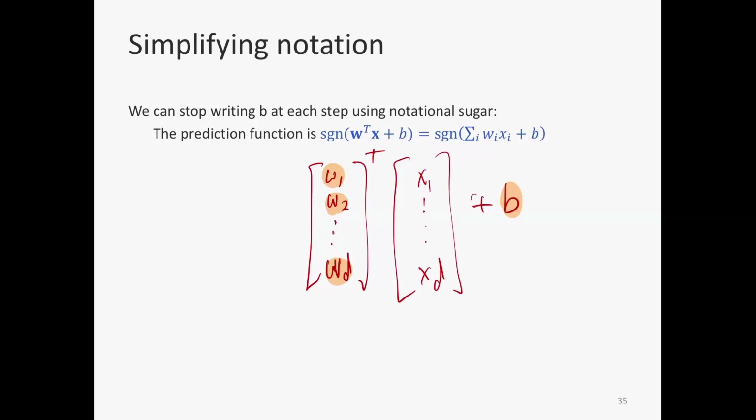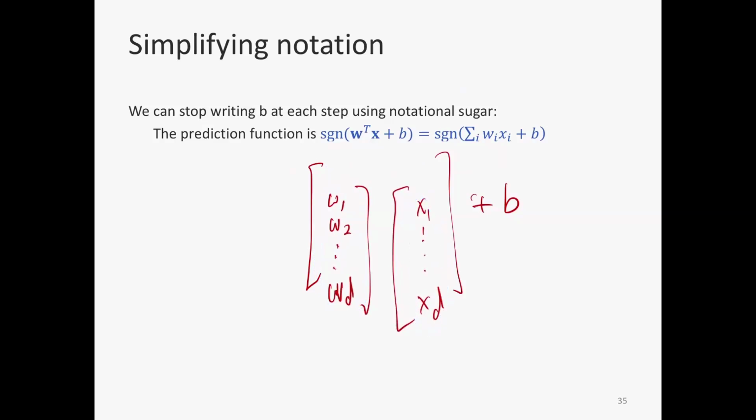Instead of thinking of it that way, imagine that I add 1 more feature. I move all of this down and all of this down. And I add 1 more feature, which is always equal to 1.